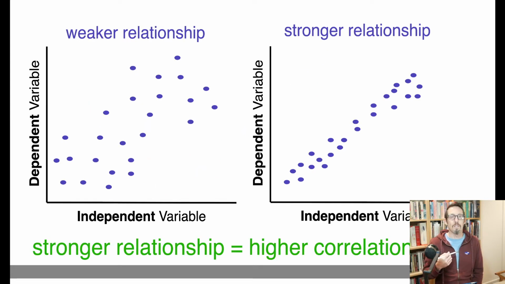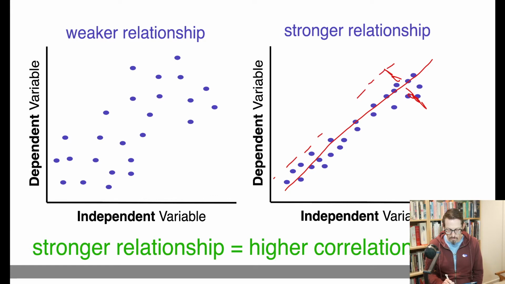So what correlation captures is whether there is a strong relationship like this, where if we drew a line through there, everything would be very tight on the line, right? So all the variance around that line is within a relatively narrow band.